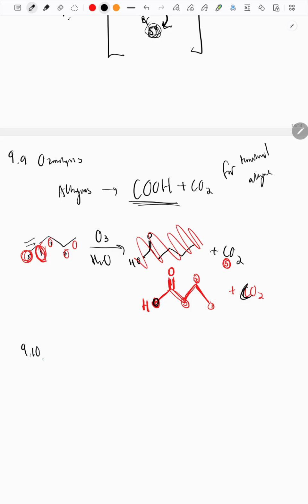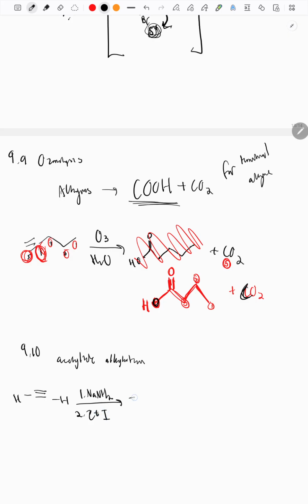9.10. Alkylation of terminal alkynes. Acetylide alkylation. We talked about this in the beginning of the chapter, and the idea is if we have something like acetylene here reacted with a strong base and ethyl iodide, what will happen?